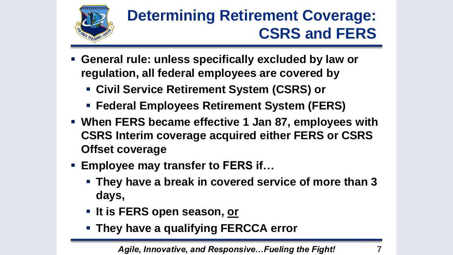When the CSRS retirement system was officially closed on 31 December 1983, employees newly hired on or after January 1st of 1984 were now subject to Social Security deductions. On 1 January 1987, FERS was created and employees with CSRS interim coverage acquired either FERS or CSRS Offset coverage.